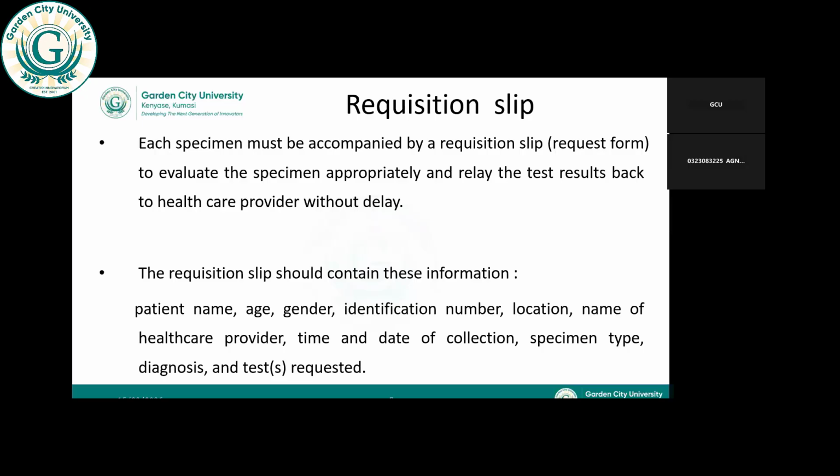That's why we have the requisition slip.